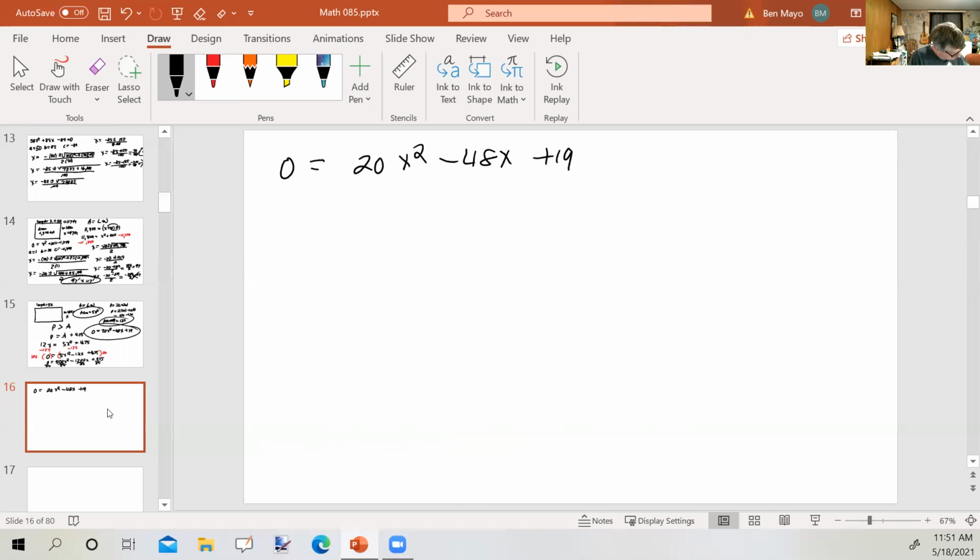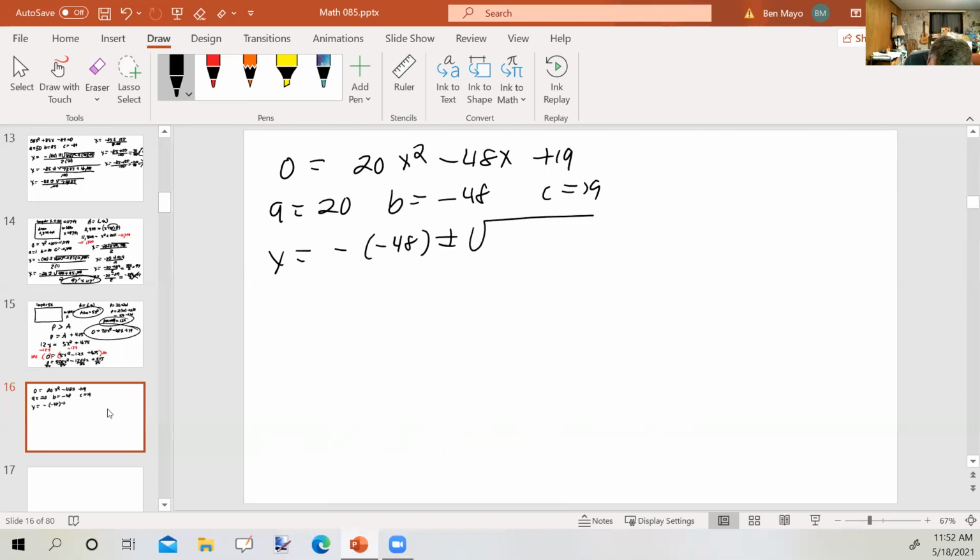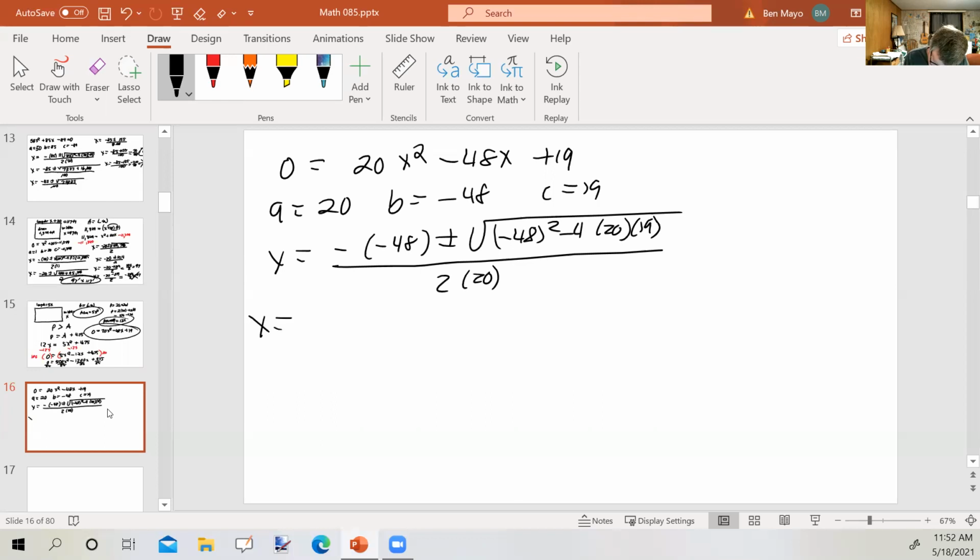Let's see here. So A is 20, B is negative 48, and C is 19. X equals negative B plus or minus the square root of B squared minus 4AC, all over 2A. X equals 48 plus or minus the square root of, let's see, negative 48 times negative 48 is going to be positive 2,304.